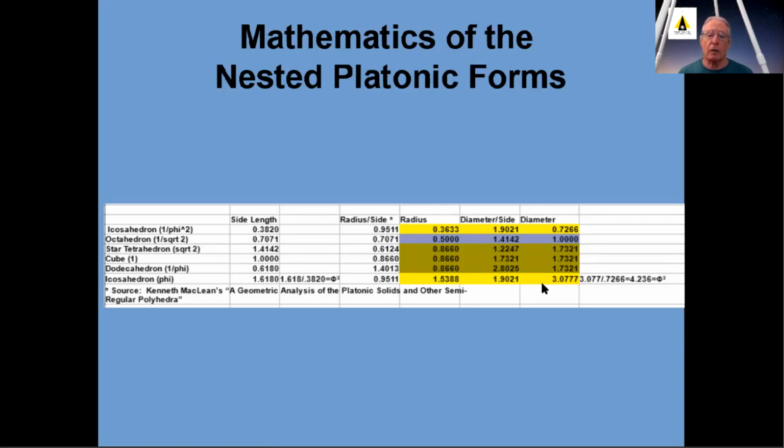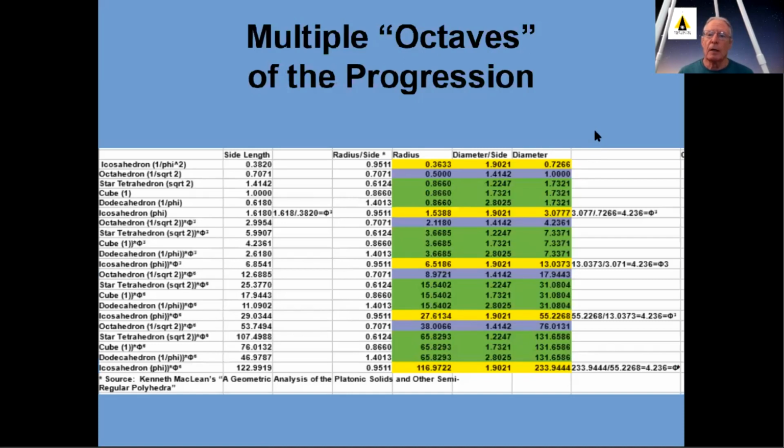So unlike the icosahedron and the octahedron, the other three Platonic solids all share in the nested form a common enclosing or circumscribing sphere. Now, just to show you how this works, and why I call this an octave, you can see the scaling that can go on by taking this basic information of one octave and continuing to expand it out.